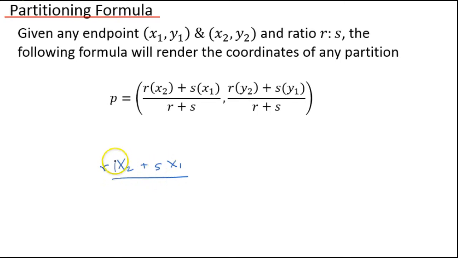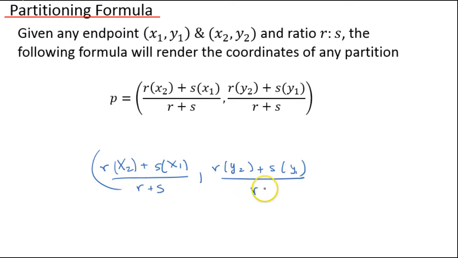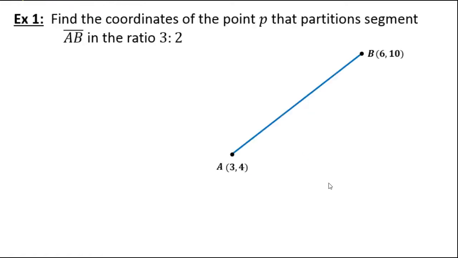So we know that we have to multiply r times x sub 2 plus s times x sub 1, and in the bottom r plus s. Very similarly, we have that r, this y sub 2, plus my s, y sub 1, and we divide by my r plus s. So to actually come up with this partitioning formula, it's not that difficult. You guys derived it in class. Let's see an application of it.